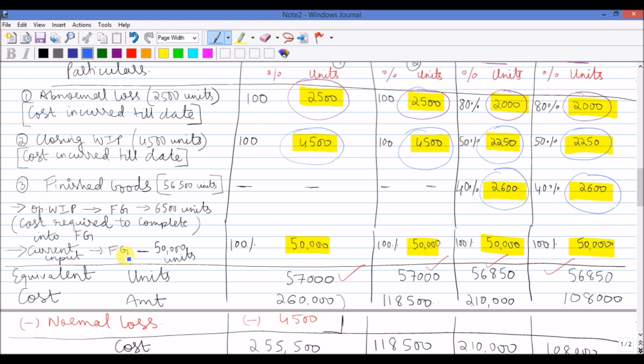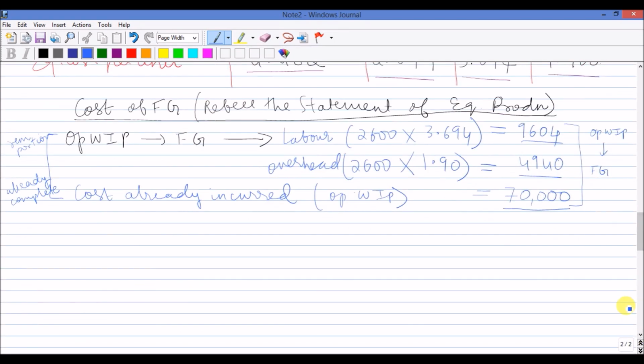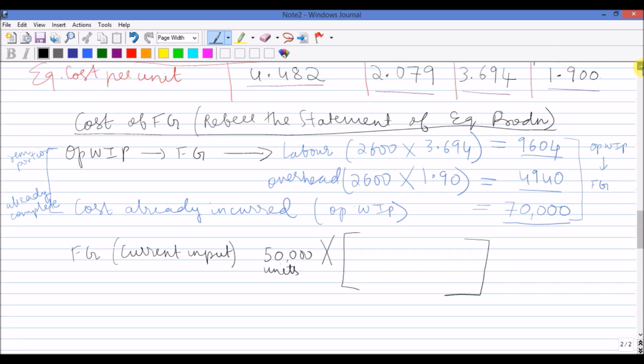Now we have the current input of finished goods. So 50,000 units are all, that is material 1, 2, labor and overheads. Everything is having 50,000 units. So we are smart enough to do it. Instead of breaking it up, can I write finished goods, which is a part of your current input, consisting of 50,000 units, and since they are completed 100%, I can take the entire cost together.